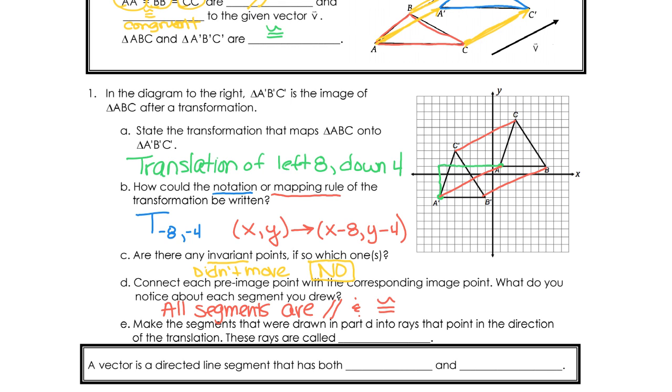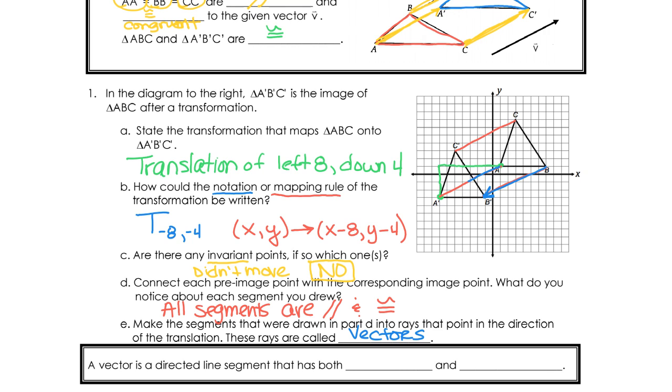Okay? And then part E says make the segments that were drawn in part D into rays that point in the direction of the translation. These rays are called vectors. So all we have to do is add a little arrow that says we were pointing in this direction. We slid B to B prime in this direction.